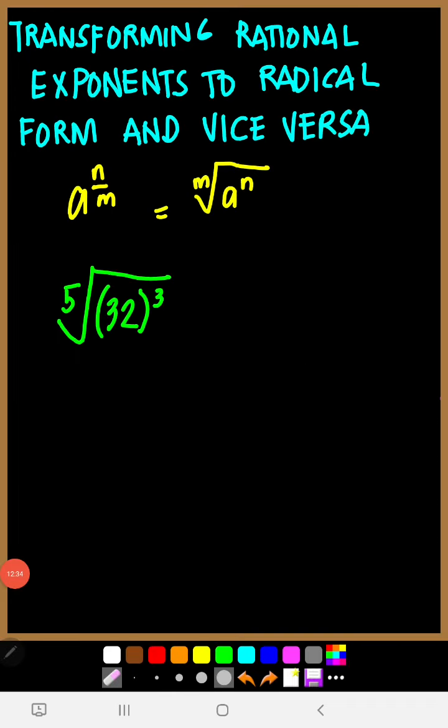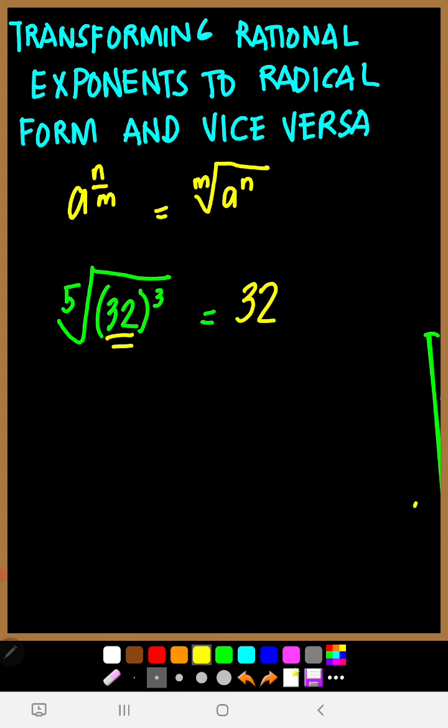Okay, balik na rin naman natin, radical form to rational exponents or yung fractional form. So we have 5th root of 32 cube. Kung itatransform ko siya into rational exponents, again, ang base natin is yung 32. So write 32.